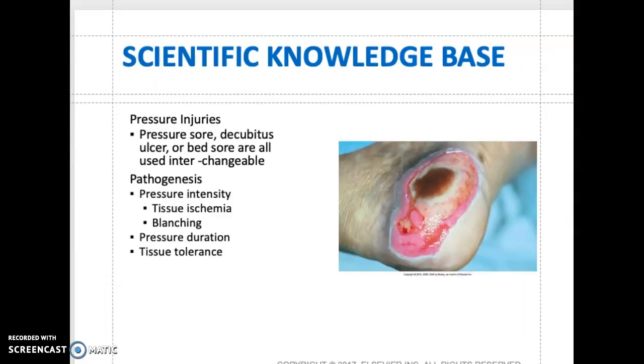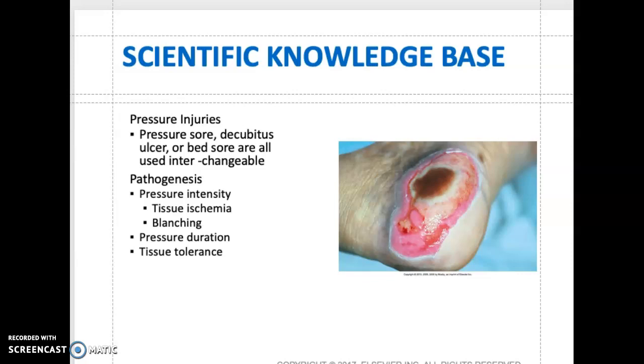Scientific knowledge base. So pressure injuries, or back in the days, they used to call it pressure sores, decubitus ulcers, bed sores. All these terms are used interchangeably, but now they call it pressure injuries. So pathogenesis, pressure intensity.